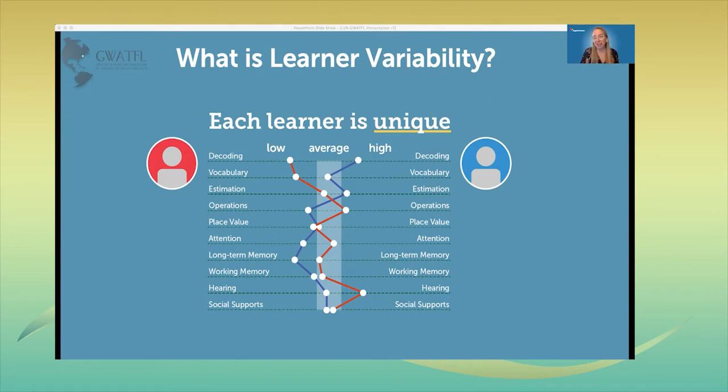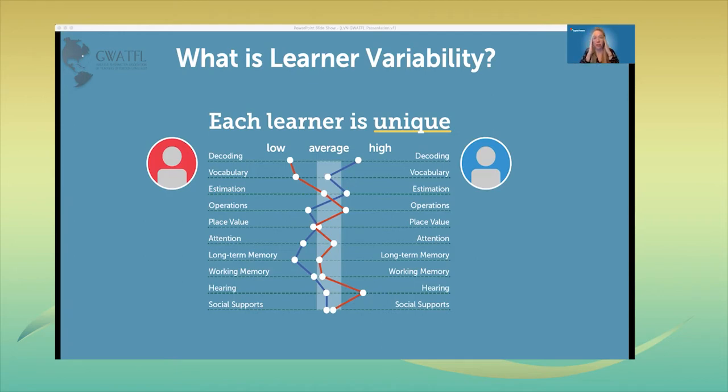We're all experiencing that firsthand with the pandemic and virtual learning. Things that we may be good at in person may be more challenging virtually, and vice versa. Some things may be easier to do virtually. So the things that we are good at, our challenges and strengths, can vary by context.